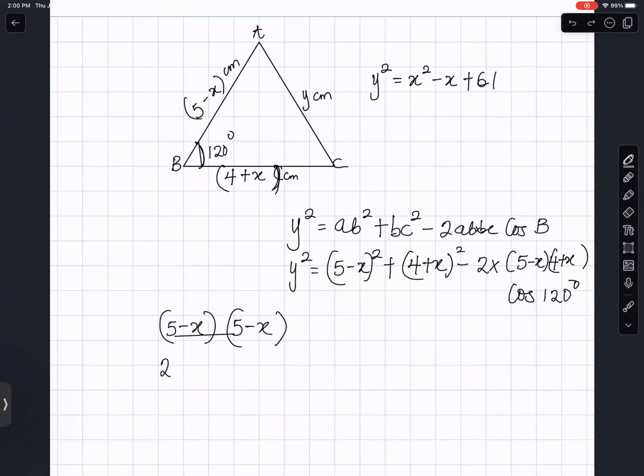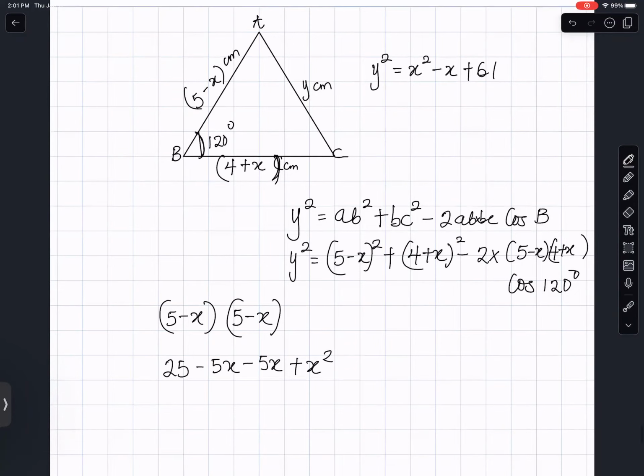Then 5 times x gives us minus 5x, minus 5x, plus x squared.